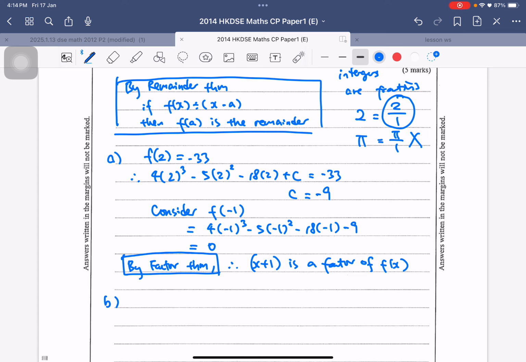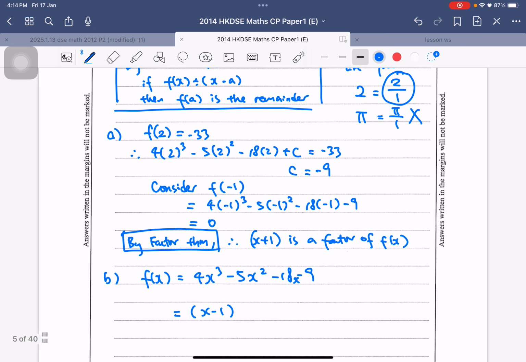So we now have the equation f(x) is equal to 4x cubed minus 5x squared minus 18x minus 9. You forgot the x. Thank you. So now, as we know, x plus 1 is a factor. So actually, this cubic equation can be written as x plus 1 times a quadratic equation.